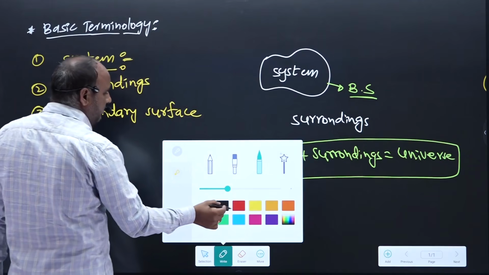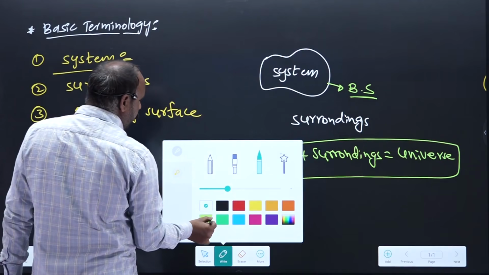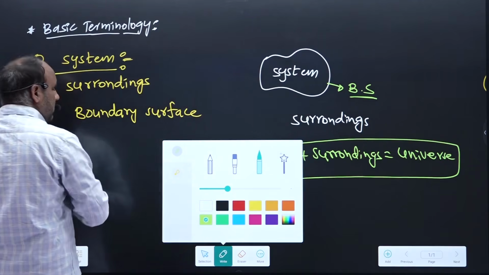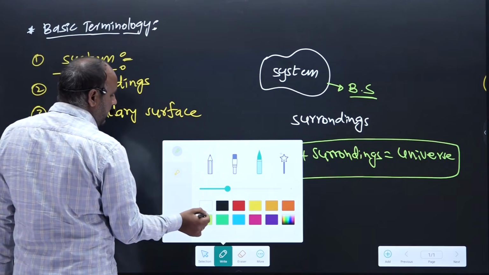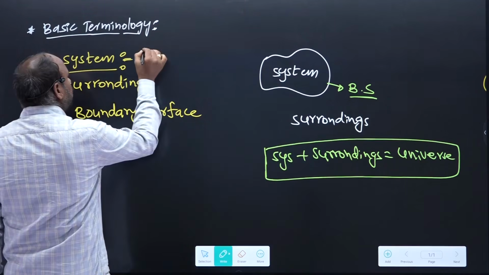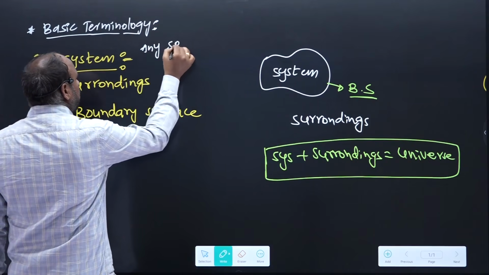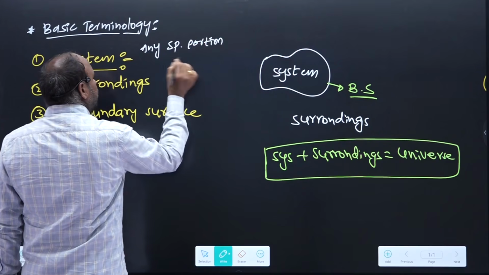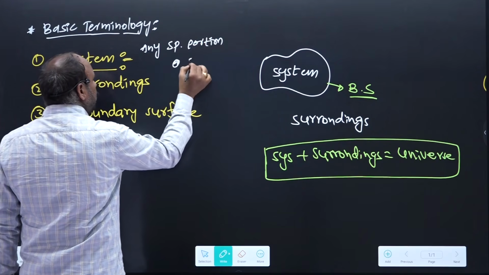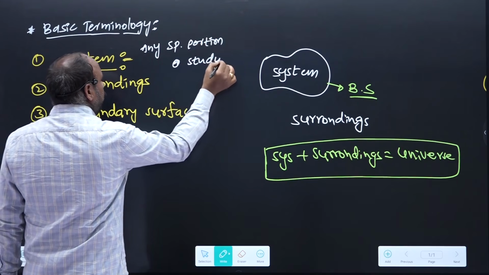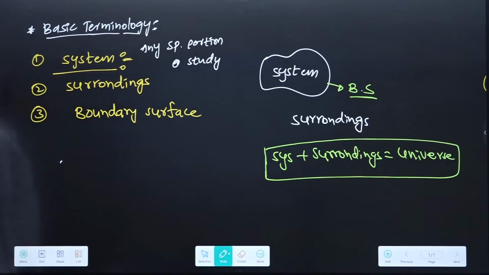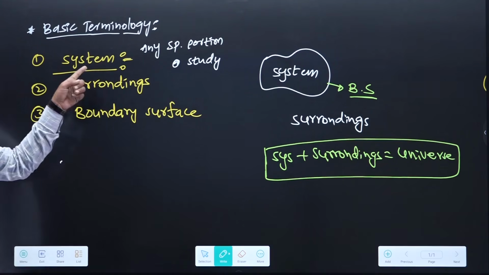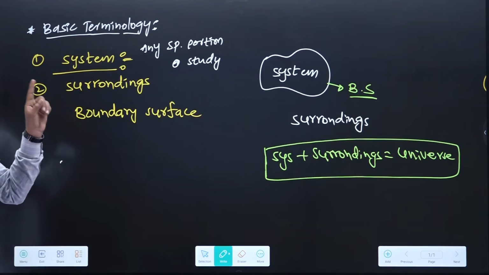Any specified portion which is under our observation or study is called a system. Any specified portion which is under our observation or study is called system, right?